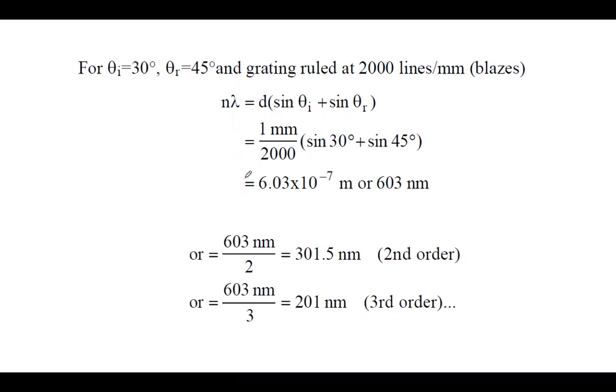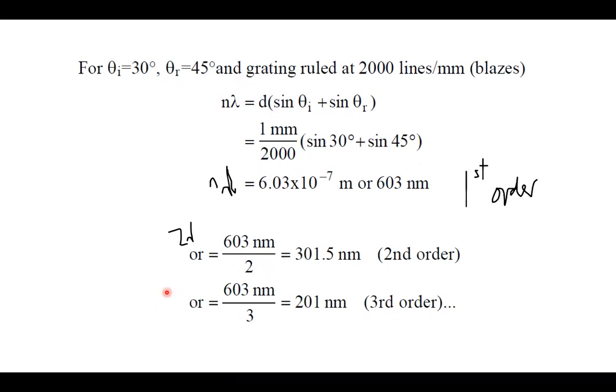So here we have n lambda, but since n is equal to 1 for first order, n lambda is just lambda. In this case, for second order, n is equal to 2, so it's actually 2 lambda, and then we have to divide through by this 2 here.